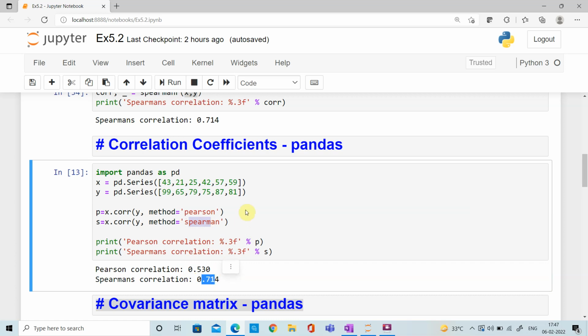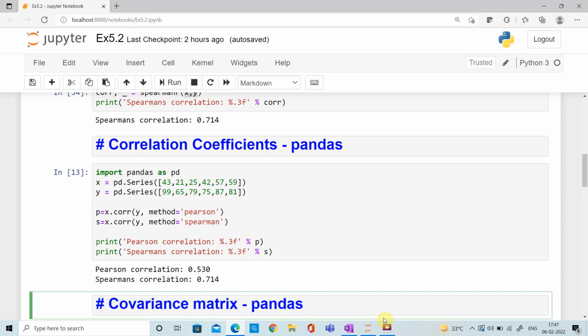So I can calculate the correlation coefficients either by using the SciPy library or the Pandas library. But you need to remember, when you use Pandas, the input can be a series or a data frame. Use the corr function, x dot corr of y, and specify the method by which you need to find the correlation coefficient.